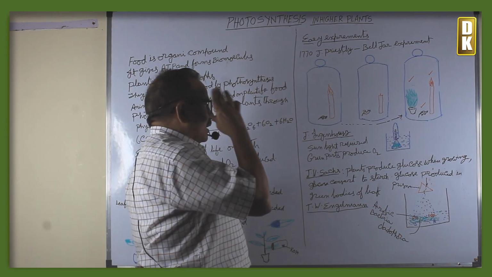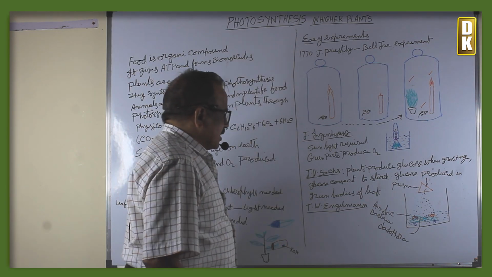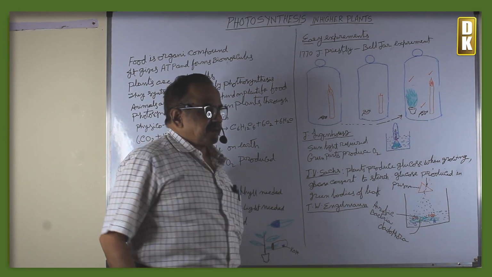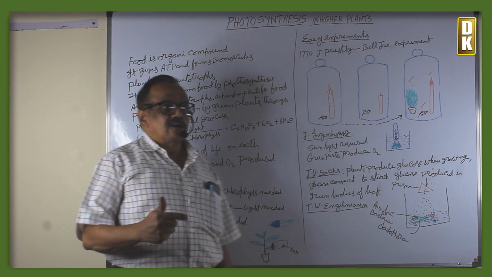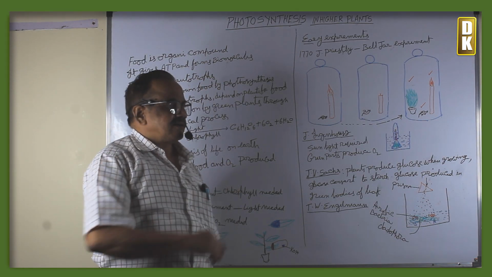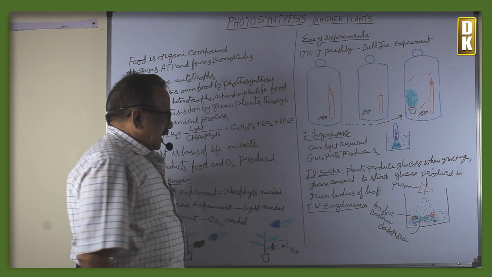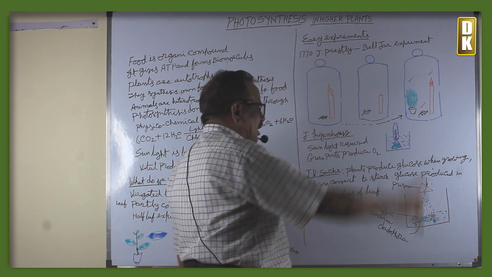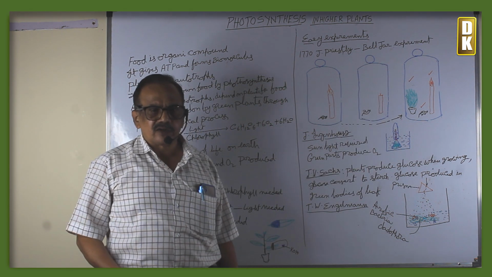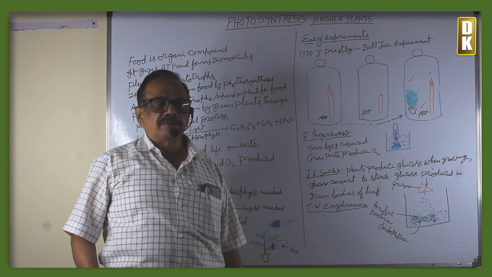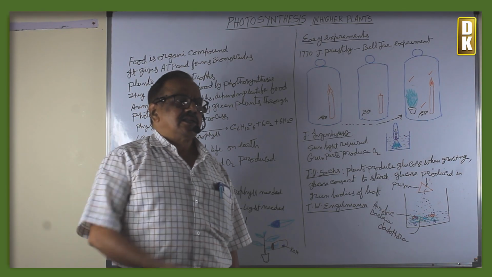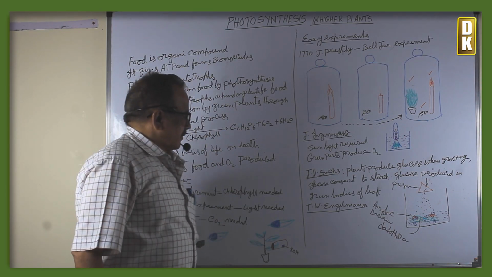And next, in continuation of the experiments, he found that the glucose is produced in the green bodies of the leaf. Means not only the leaf, any green part in the plant, there it is producing.